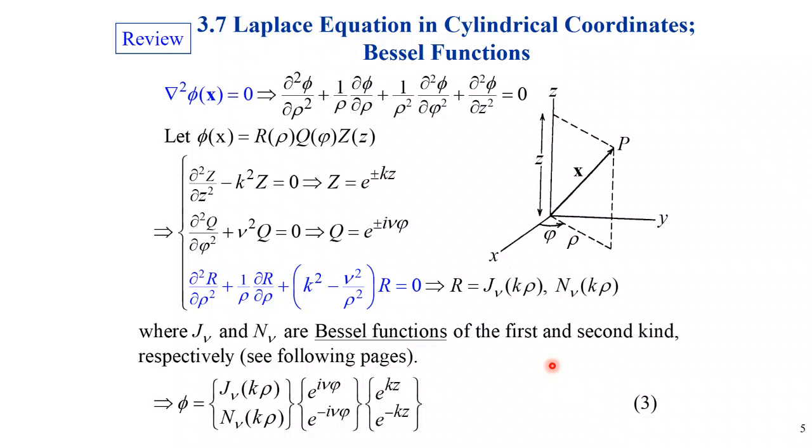Okay, so first, let's express the Laplacian of phi first. And once again, separation of variables. Separate into three parts. First one is z dependence. That's exponential plus and minus kz.